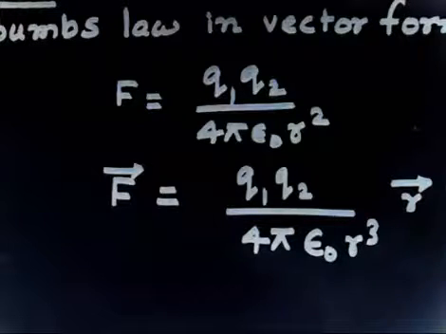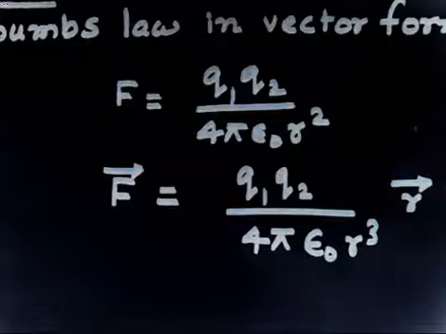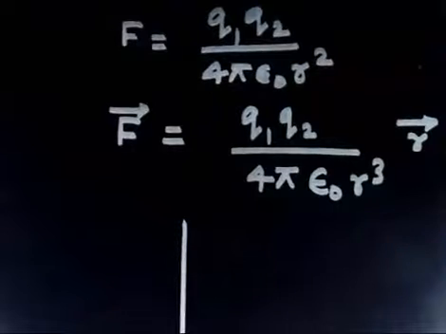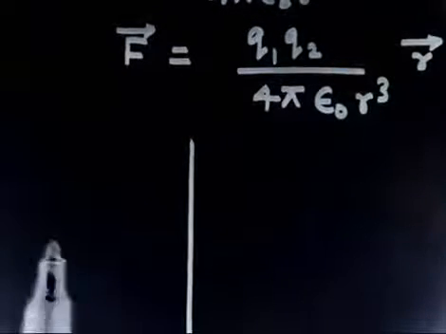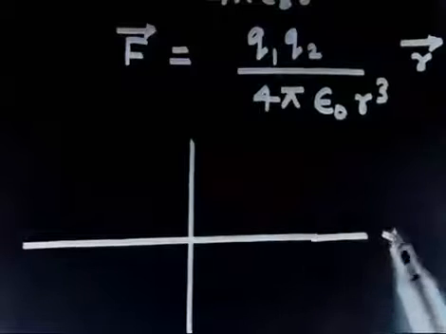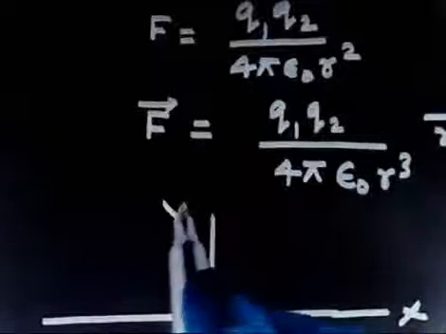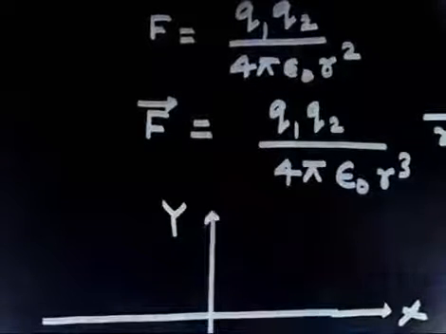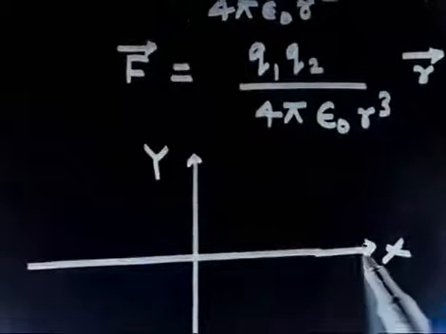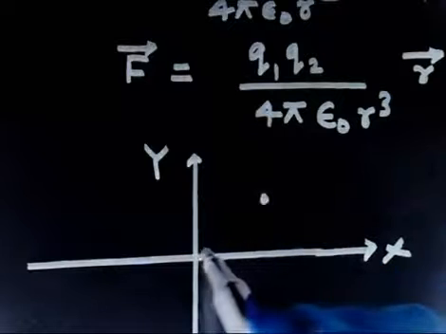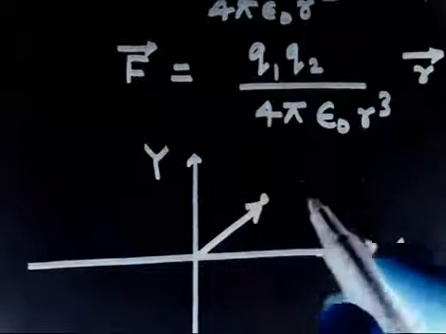Now let me read the question. This question says a positive point charge of 50 microcoulomb is located in the plane at the point whose radius vector is r0. Let us say this is my xy plane, with the x-axis on this side and the y-axis on this side, and one charge is located at the point 2i plus 3j.